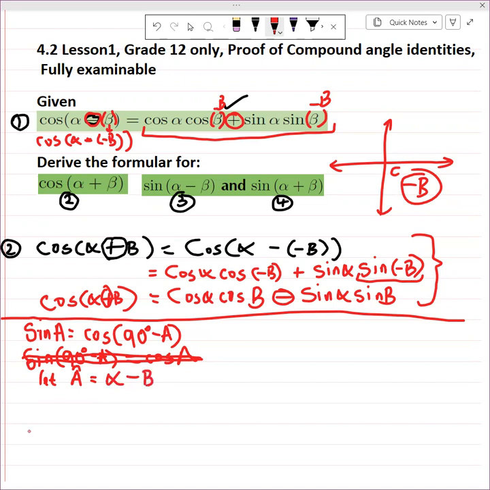Therefore, when we substitute back, we're going to have sine of alpha minus beta equals cos of 90 degrees minus, into bracket, alpha minus beta. Remember, if you minus in by two terms or more than one term, you always put brackets. And then you close that one.